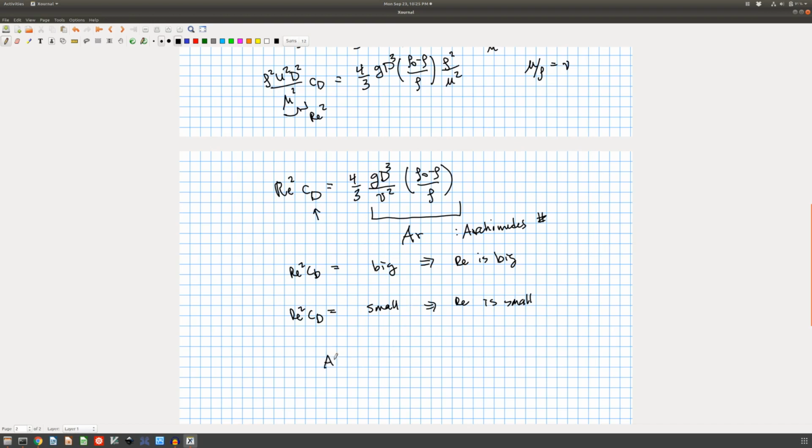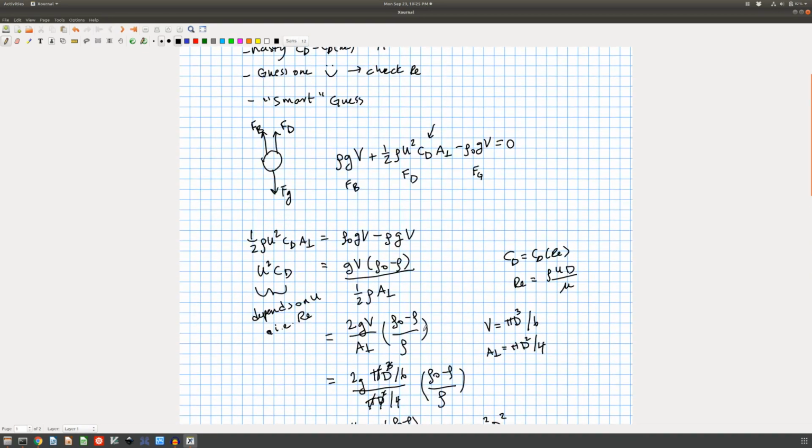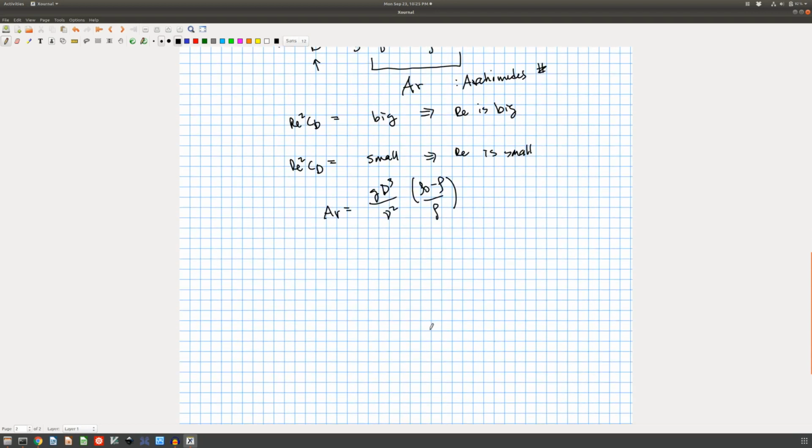So let me calculate the Archimedes number. The Archimedes number is gd cubed over nu squared times rho 0 minus rho over rho. Now I have to look up the numbers from the problem. I didn't write them down up there, so let me pull them up here. We said that rho is 1.2 kilograms per meter cubed.